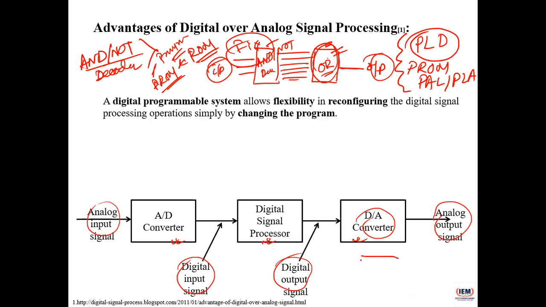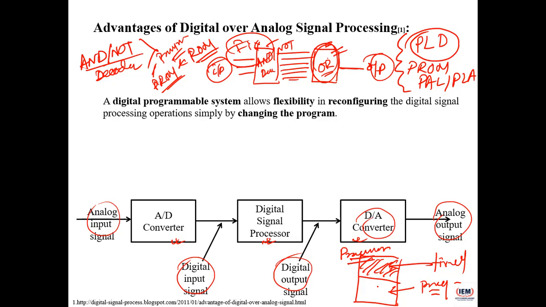Digital programmable system means there is a circuit. Now we are coming to the processor. Suppose this part is fixed and this part is programmable. This whole part we consider as a processor. In the processor, some part is fixed and another part is programmable.